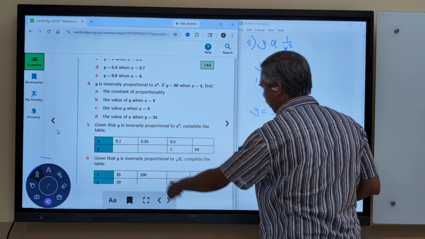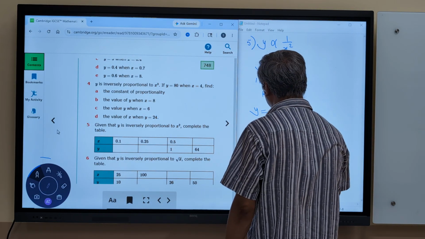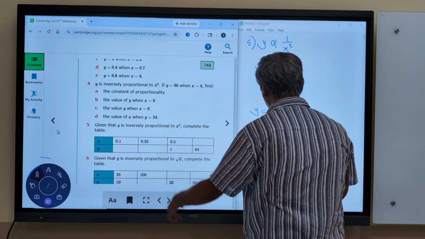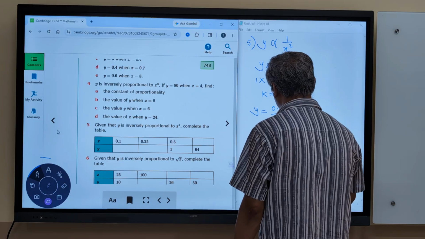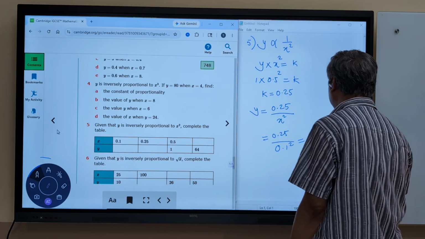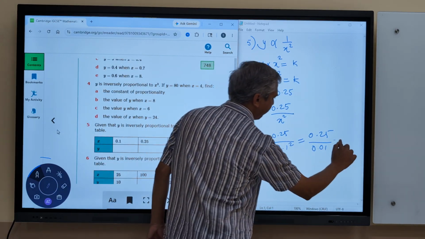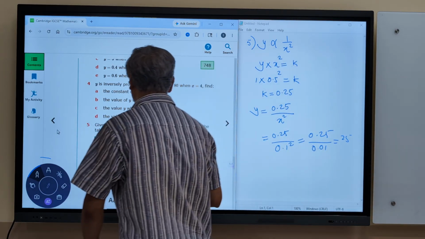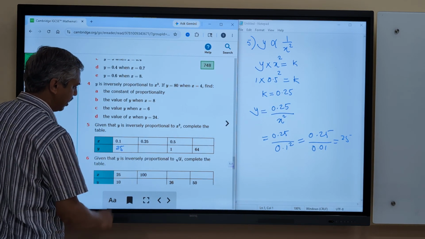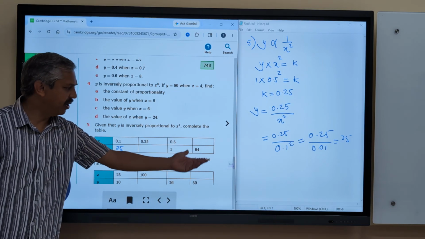Now for here, this is equal to 0.25 upon 0.1 square, which is 0.25 upon 0.01, which is equal to 25. So this will come as 25, and accordingly you can fill in these values.